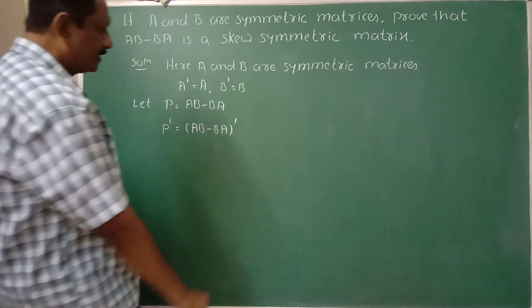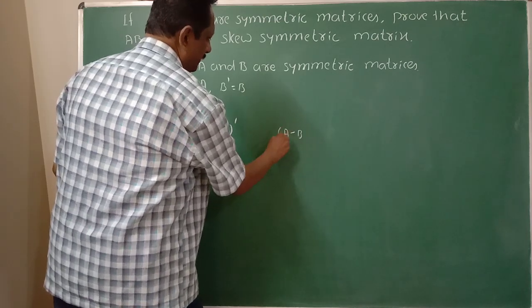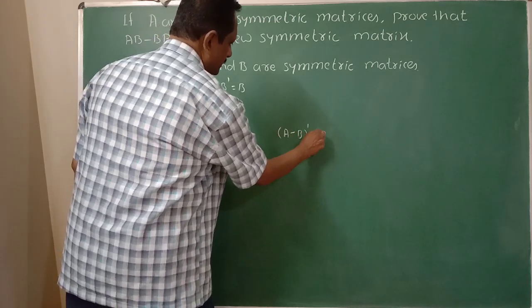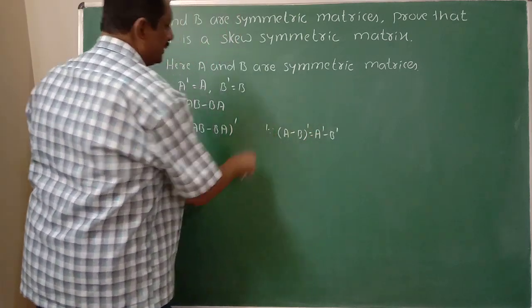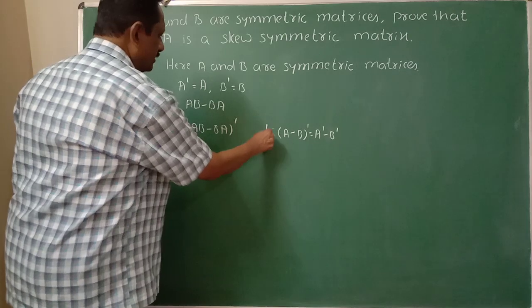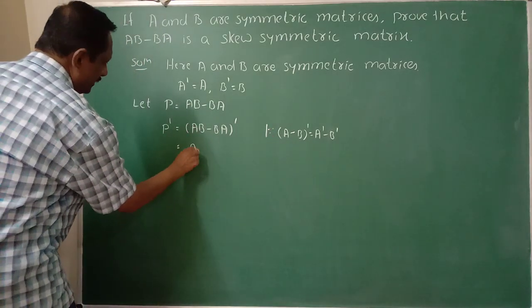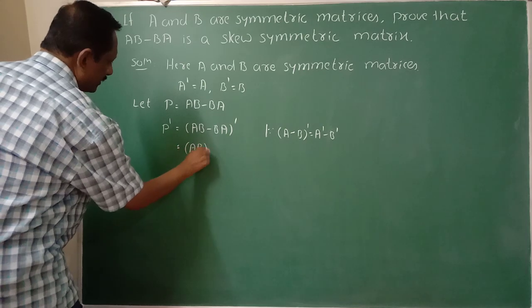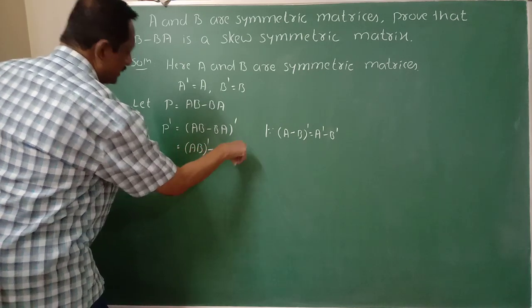There is a property of the transpose of a matrix: A minus B whole dash is equal to A dash minus B dash. Using that property, it gives AB dash minus BA dash.